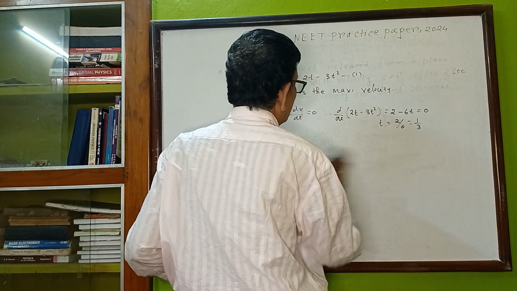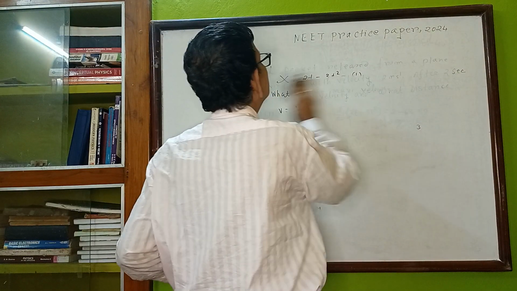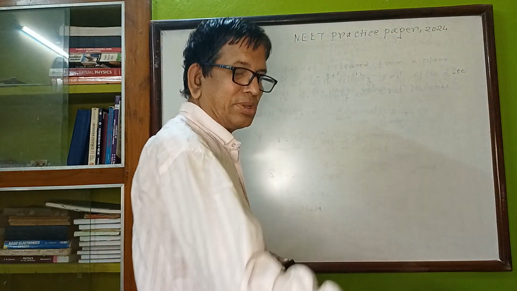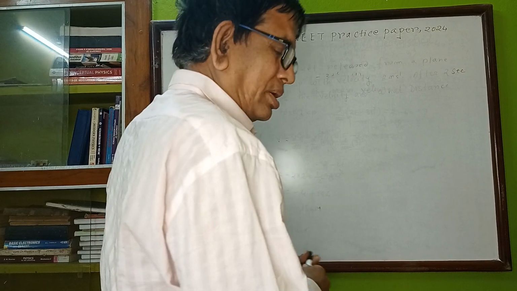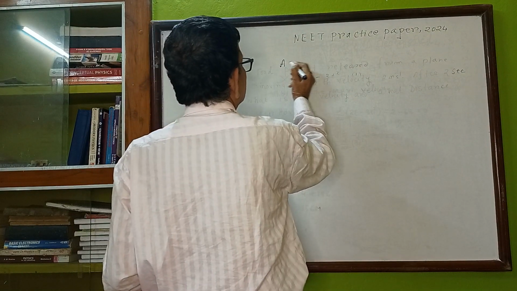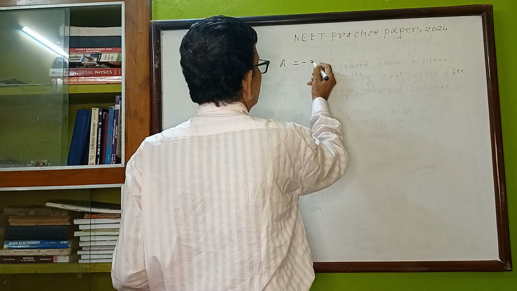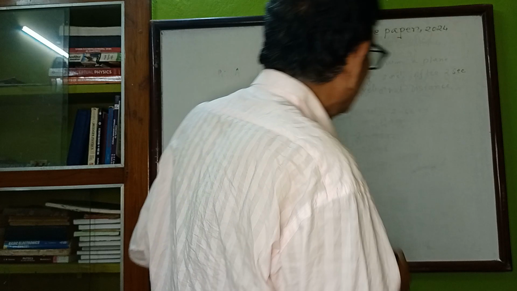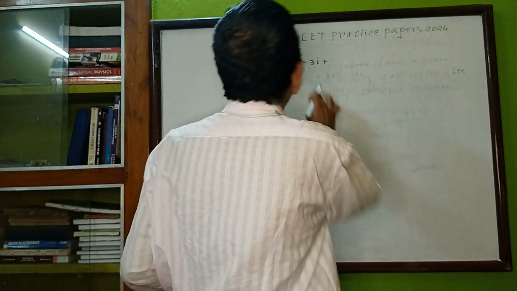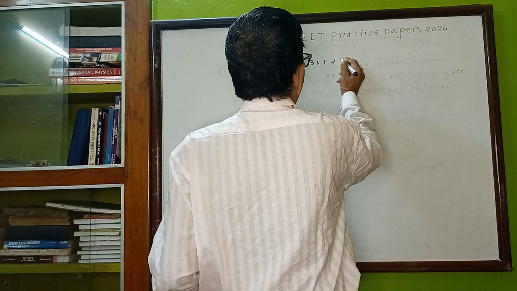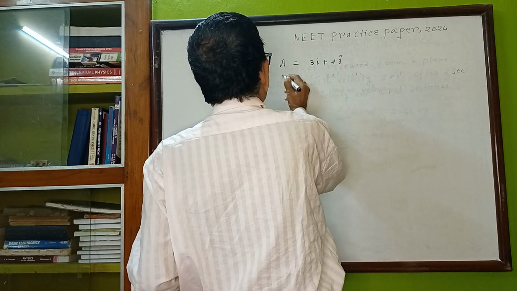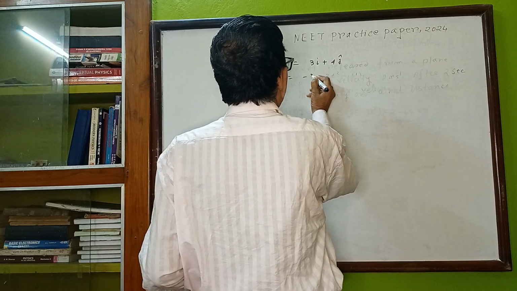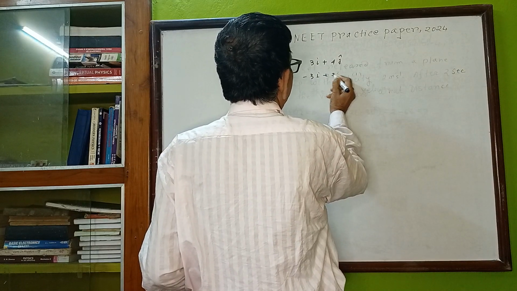Next problem I am solving for you, problem number 3. A is given as 3i plus 4j, and B is minus 3i plus 7j.